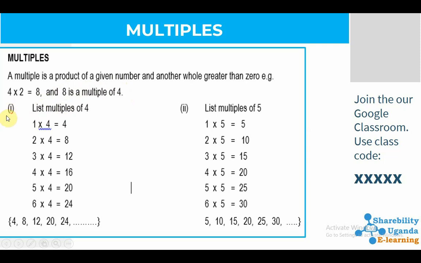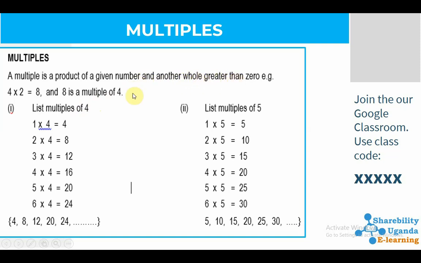Let's go ahead and see how they listed out these numbers. They say: list multiples of 4. Here they want us to find the multiples of 4. Remember, we have said that a multiple of a number is a product of a given number, which is 4, and another whole number greater than 0.